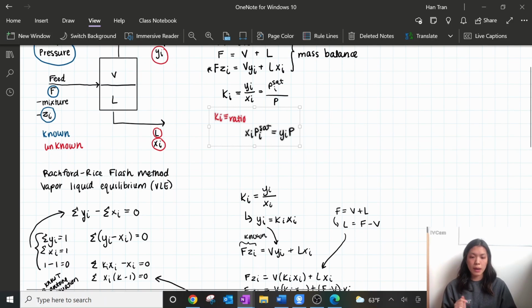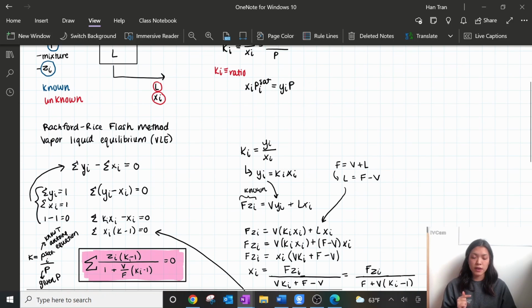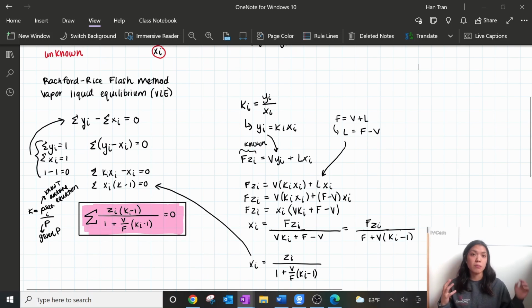We also talked about the mole fraction ratio, which is the vapor mole fraction over the liquid mole fraction, and we used all of this information and some algebraic moving around of terms to come to the conclusion that the summation of the fraction, where the numerator is the feed mole fraction times the quantity of the mole fraction ratio minus 1, over 1 plus the vapor feed ratio, or vapor over feed, times the quantity of the mole fraction ratio minus 1, is equal to 0.